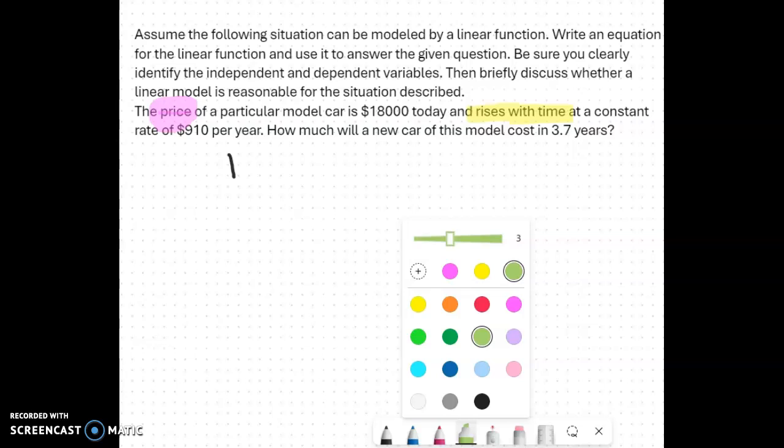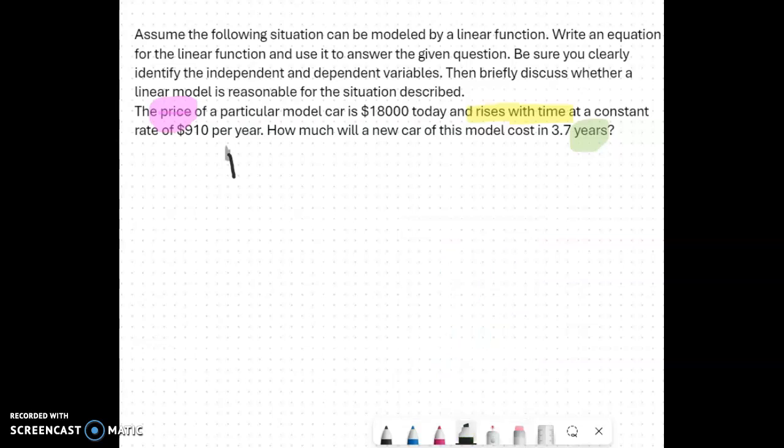How much will it cost in the next year? So we've got two different variables, and let's write those out. We've got price and we've got time. So the price is going to depend on the time. The time doesn't depend on the price.